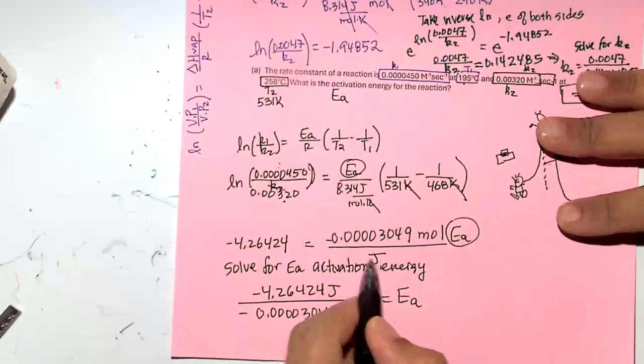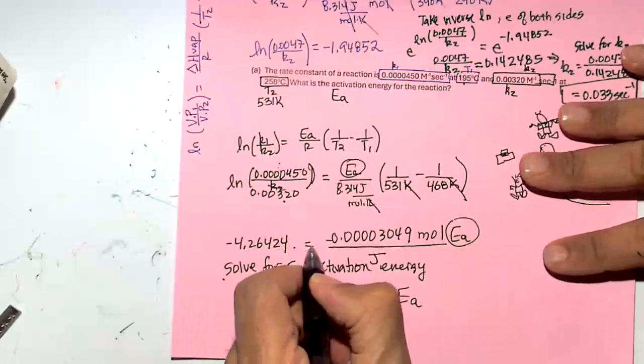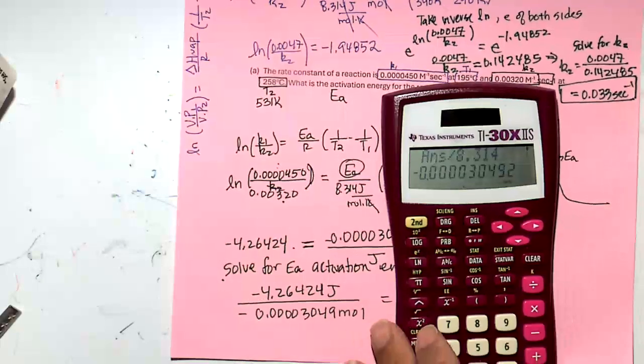Okay. So I move the joules here, I move the moles there. It's kind of like cross multiplying. This over this will give me the answer in joules over mole.